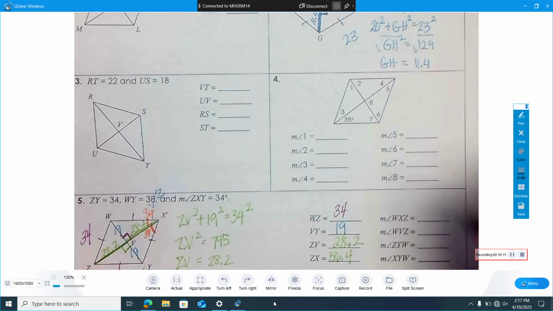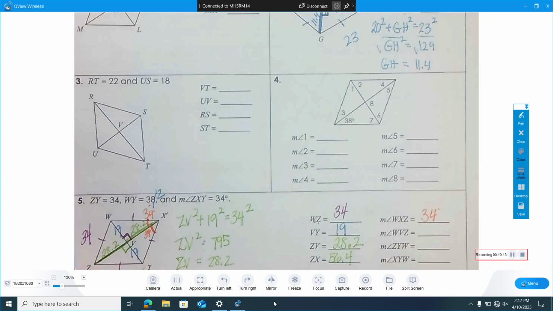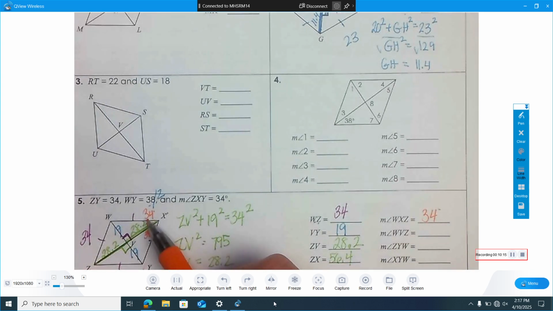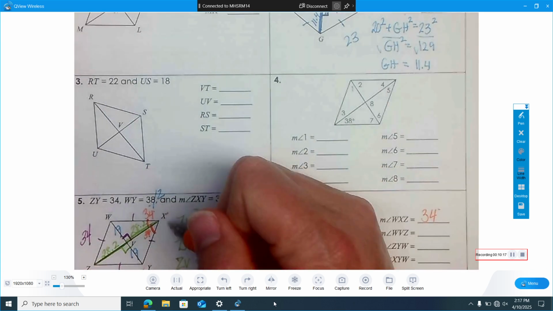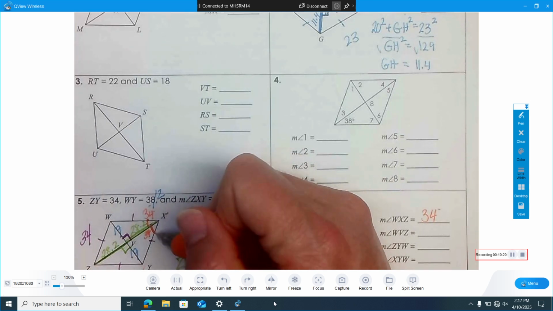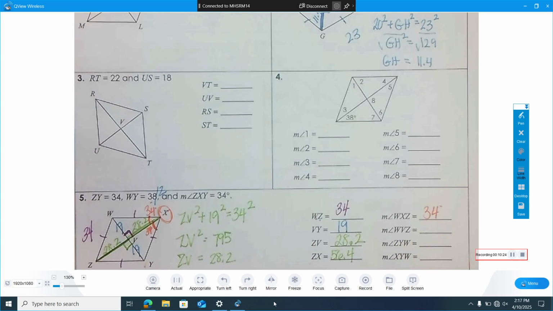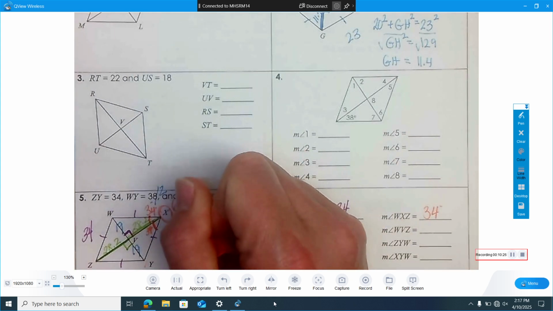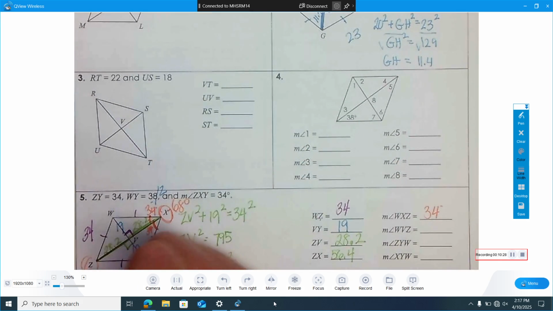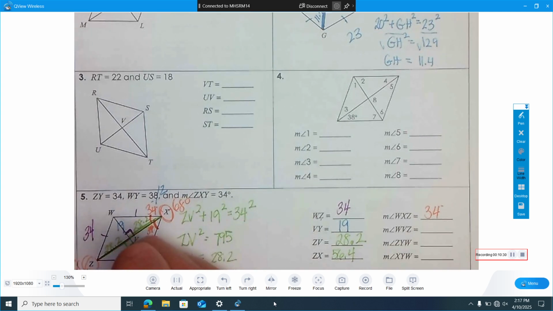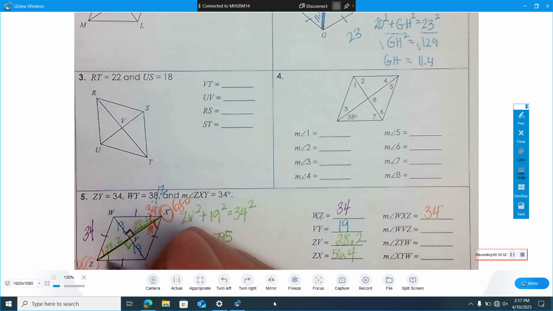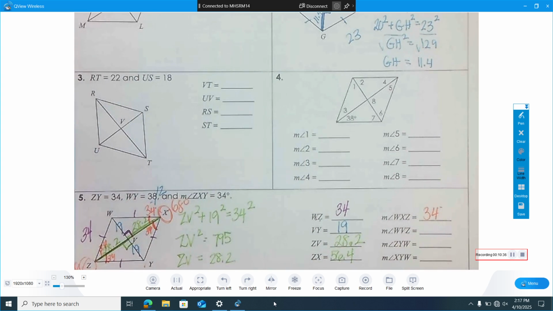Same, 34. Good. If both of these are 34, what is the whole of angle X? 68. All right. What's the whole of angle Z? Also 68. And what's each little individual angle down here? 34. Also 34. Good. So lots of 34s there.